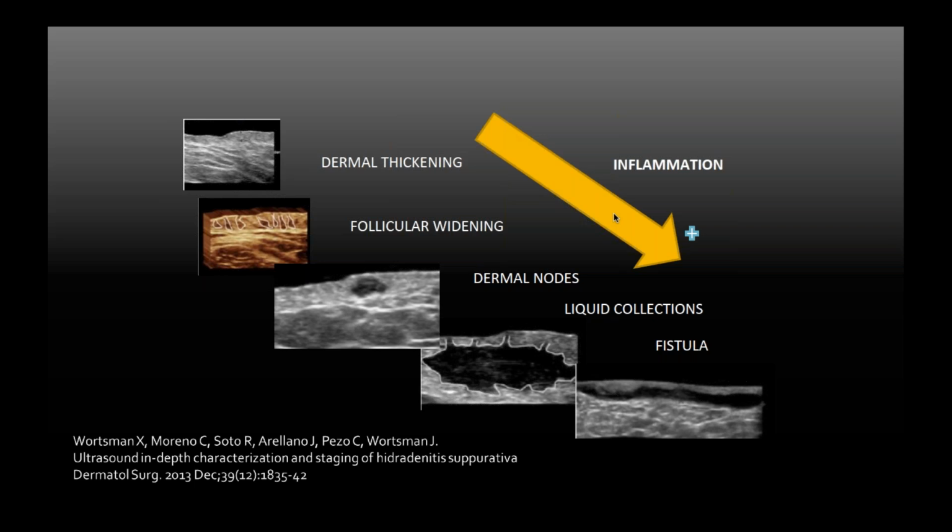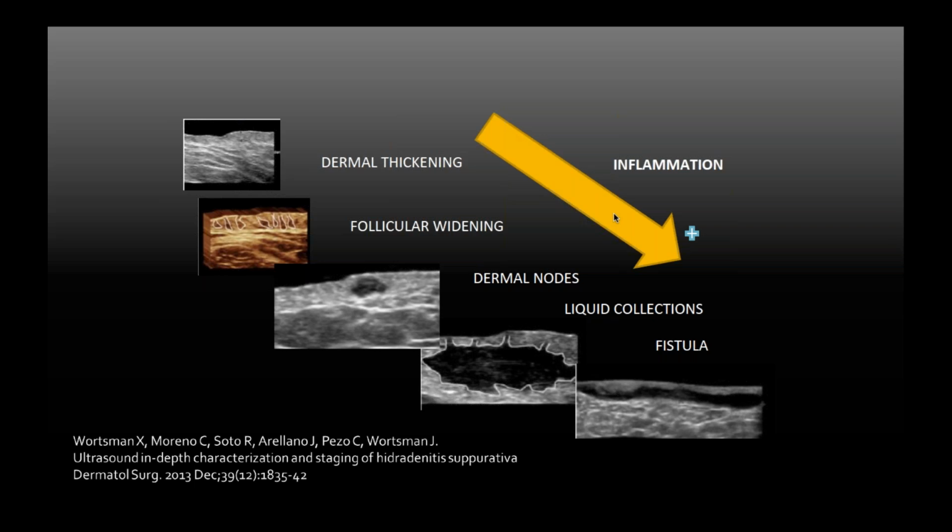At the beginning, the follicular widening and dermal nodes indicate that the inflammation is mild, but when liquid collection and fistula start to appear, then the disease is starting to be chronic. Then it's a no return point that should not be crossed, otherwise surgery will be required.